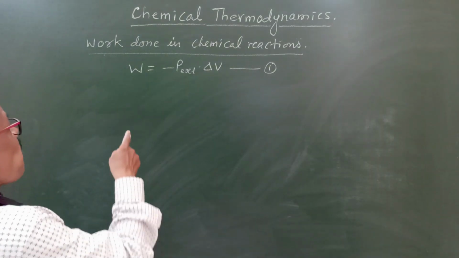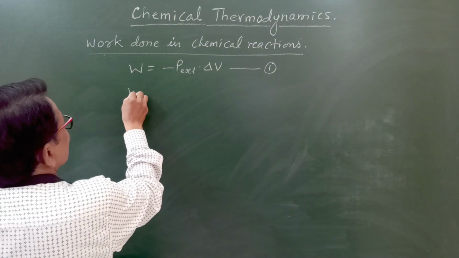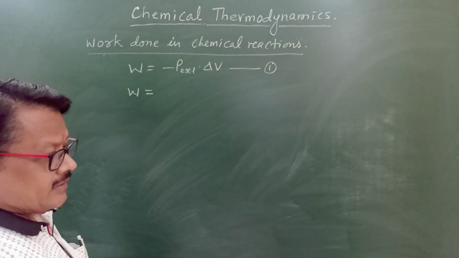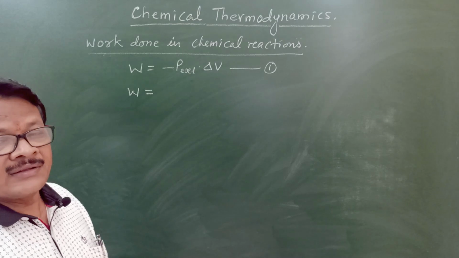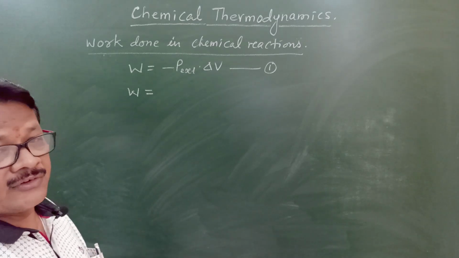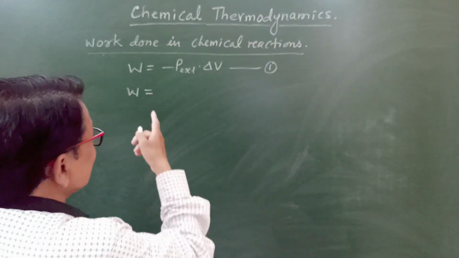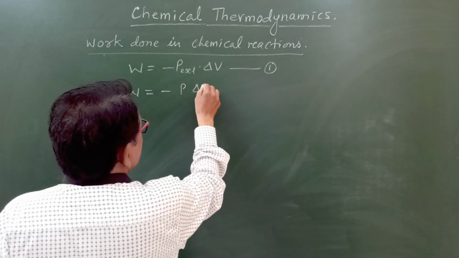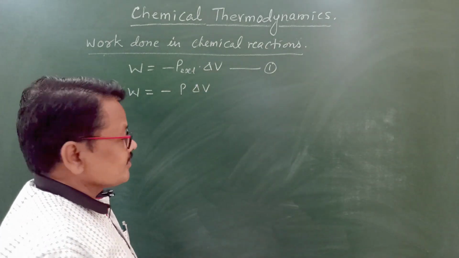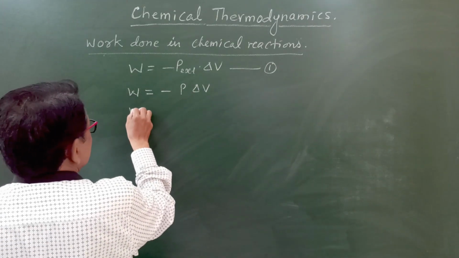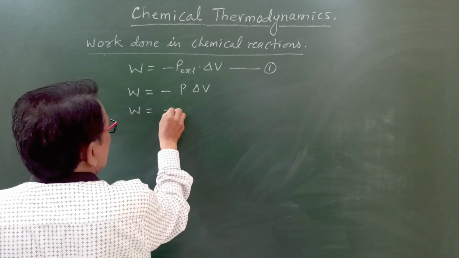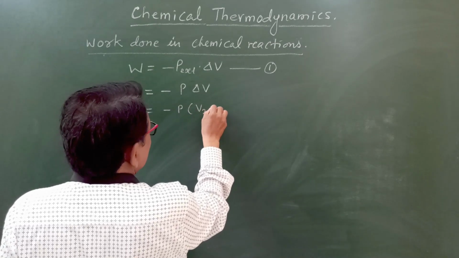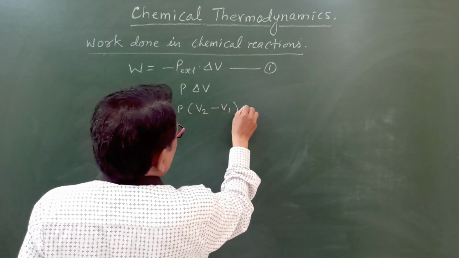Here, the external pressure and the internal pressure, means these two pressures are the same. At that time we can write P only, so W is equal to minus P delta V, where delta V is the change in volume, final volume minus initial volume.